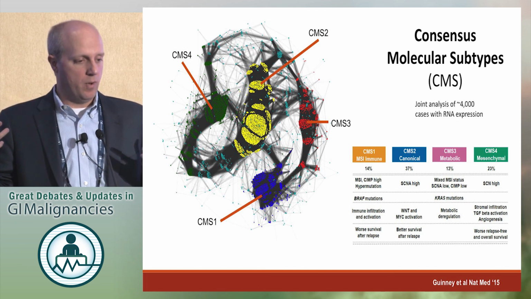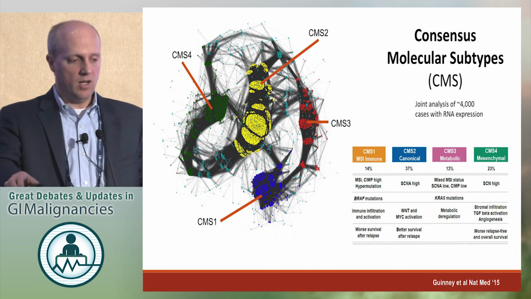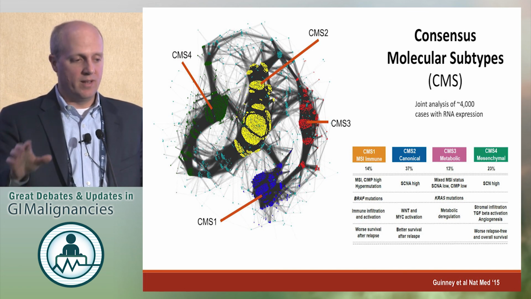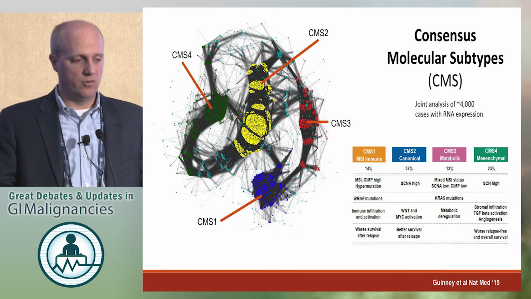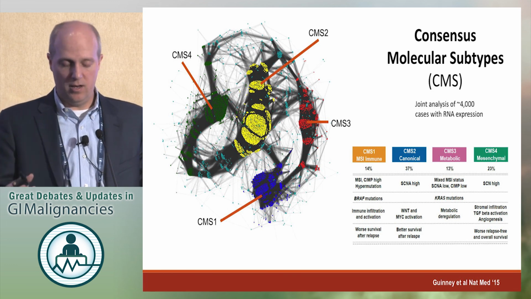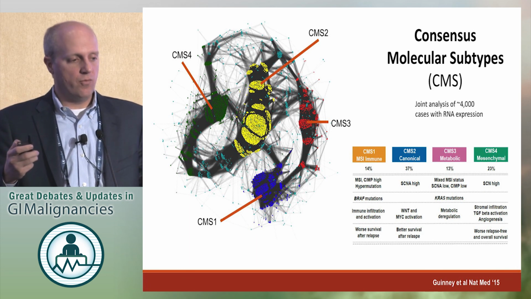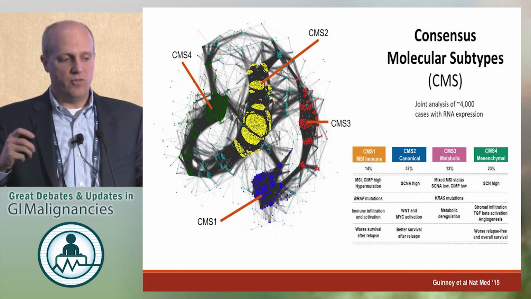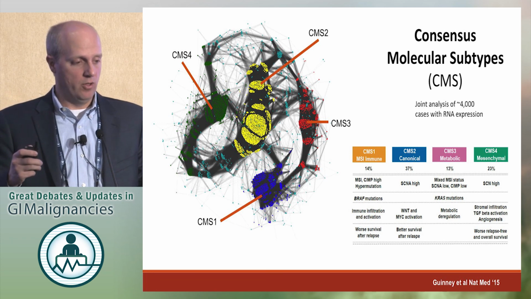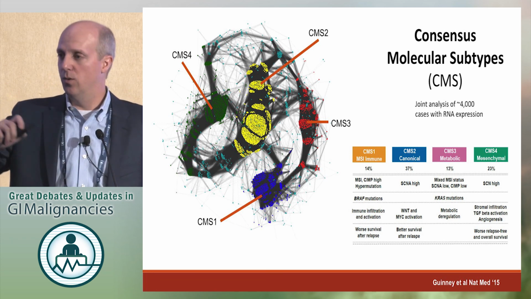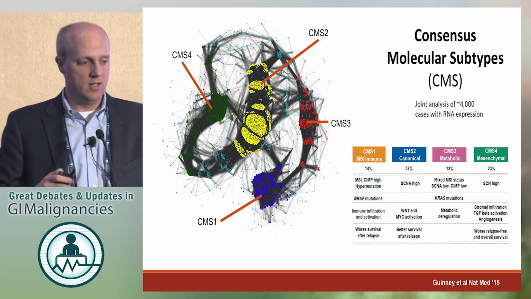We published this a year and a half ago, defining these 4 different subgroups with an international collaboration. They have very distinct features, some of which you can see there are associated with the mutations and the methylation.